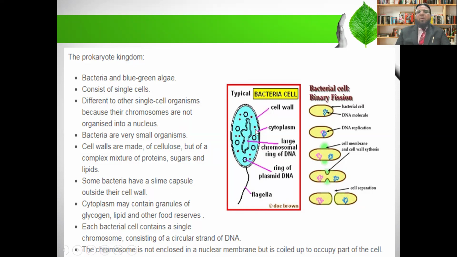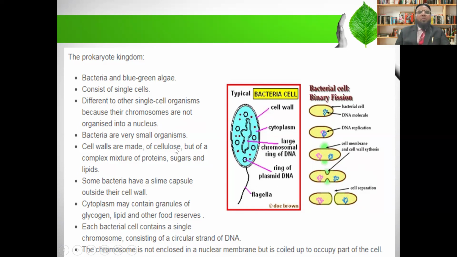In simple words, they do not have an organized nucleus. Their genetic material is dispersed in the cytoplasm. Also they have a circular form of genetic material, which is called the plasmid, basically a ring of DNA.